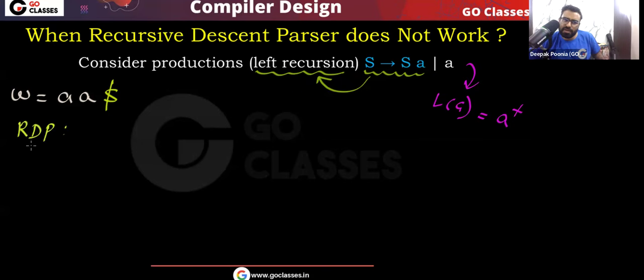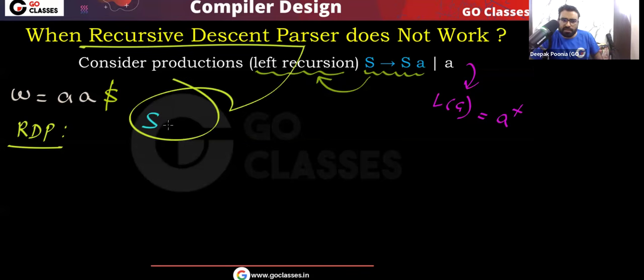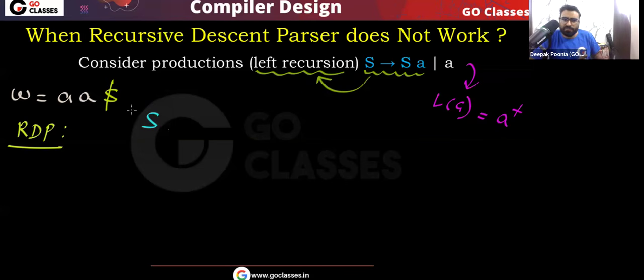Now notice, if this is your input string, how will the recursive descent parser work? It will start from the start variable. Any top-down parser will start from the start variable. Very good, no problem. Now notice, because this is a non-terminal, I told you, when the recursive descent parser sees a non-terminal, then blindly, without looking at the input string, without looking at the current input symbol, it will apply the S production.